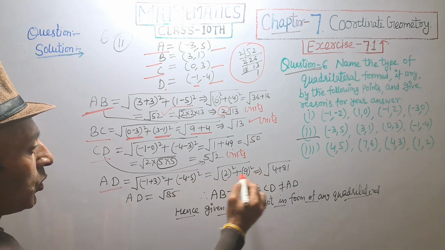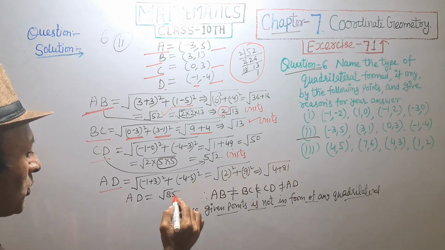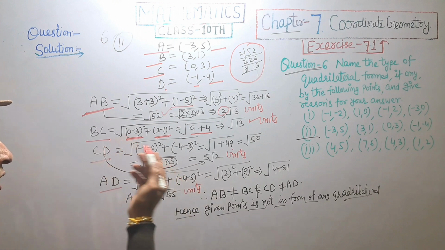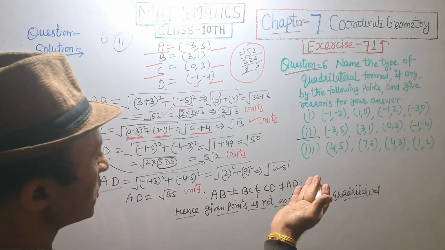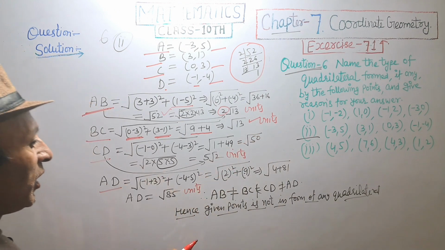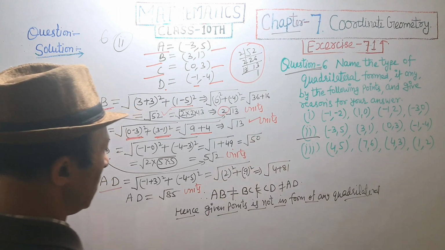AD is equal to 2 square is 4 and 9 square is 81, 81 plus 4 is 85 units. But AB is not equal to BC, is not equal to CD, is not equal to AD. So the given points do not form any quadrilateral.